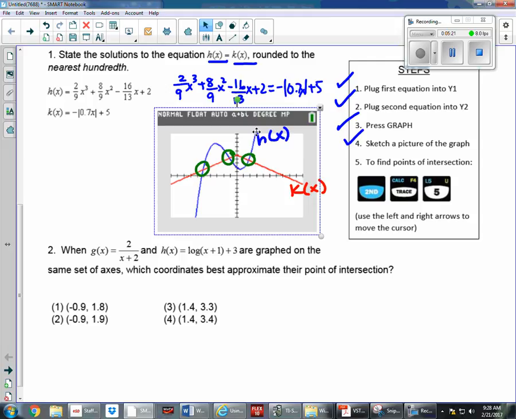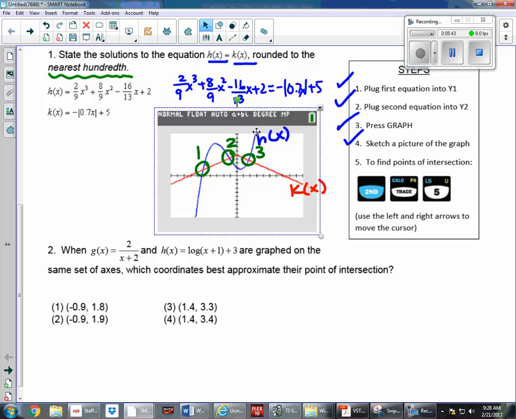And one way I know that is because it tells me to round to the nearest hundredth. So let's label, this is our first point of intersection, our second point of intersection, and our third point of intersection. What I'm going to do is use step 5 to figure out what those points actually are and round those values to the nearest hundredth.